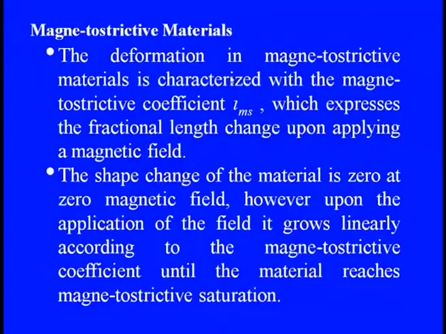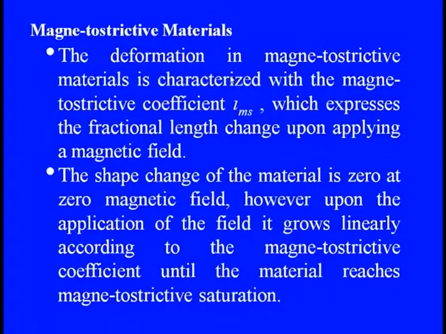When we want to see the deformation in these magnetostrictive materials, we can characterize it with the magnetostrictive coefficient, which comes straight from the fractional length change when we apply the field. So, we can say L MS means the magnetostrictive part.